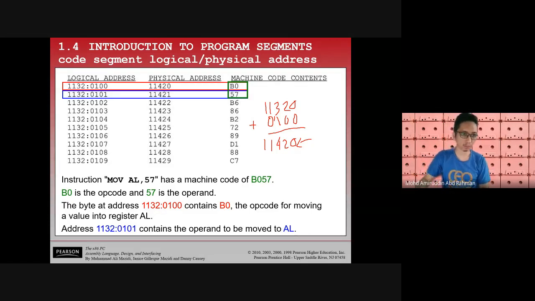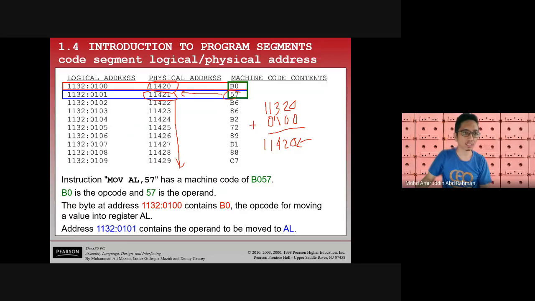For example here, we have the B0, which is mentioned at the physical address of that. And then 57 is at the next physical address. Then you do the next instruction, so it will follow. So this will add up to the physical address.